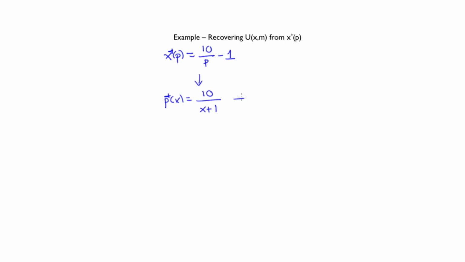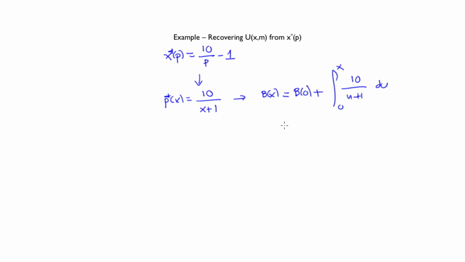And the next thing that you know is that as we saw in the last video, the benefit function bf of x is going to be equal to a constant that we're not going to be able to pin down, plus the integral from 0 to x of the area under the inverse demand function, which is this 10 over u plus 1 du.